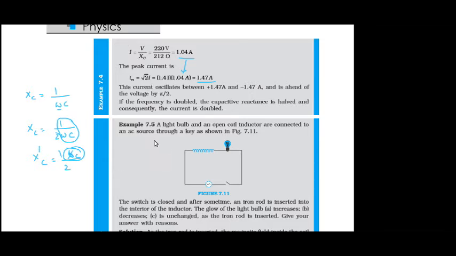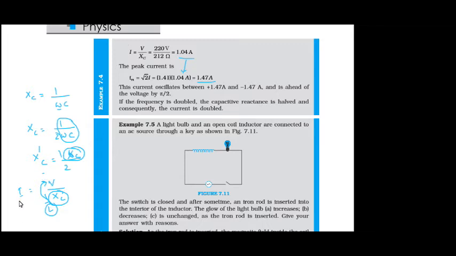Now the current is doubled. Why is the current doubled? Current is equal to V by Xc. Now since Xc is halved, this 2 will go and multiply in the numerator and the current will be doubled.